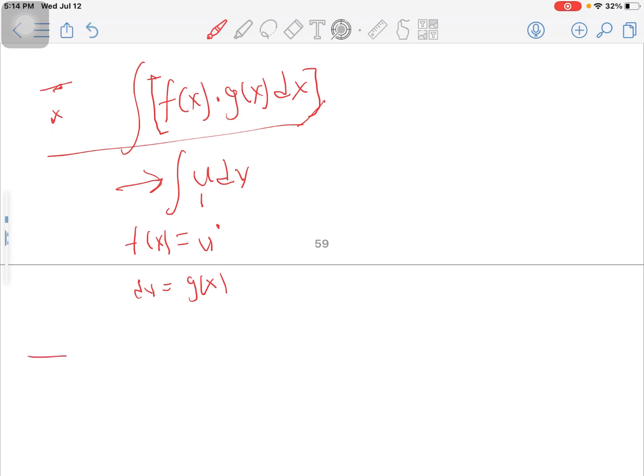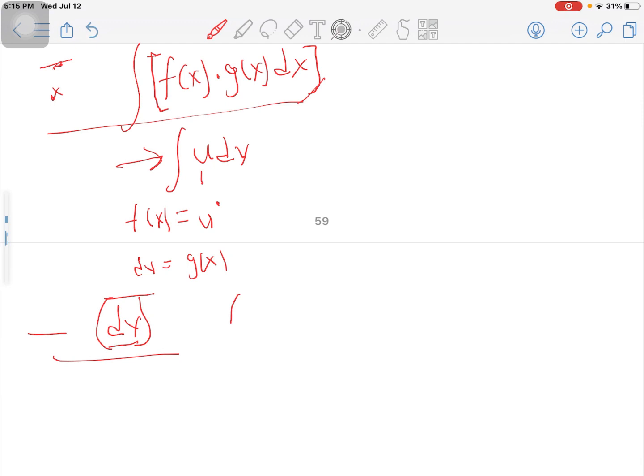The next step is to find your du, but mostly I don't ask students to just memorize it. What I tell them to do is that, first of all, when you get a question and you know that you are supposed to use integration by parts, the only thing you need to do is to write down your formula, which is integral of u dv equals vu minus the integral of v du.